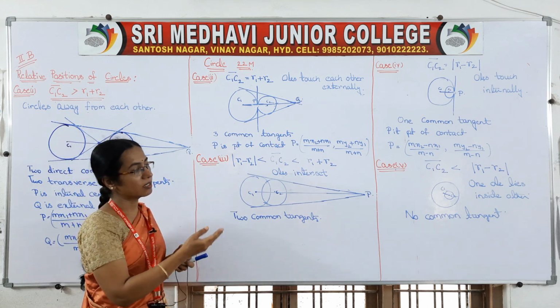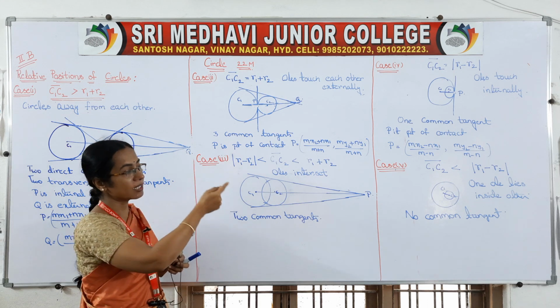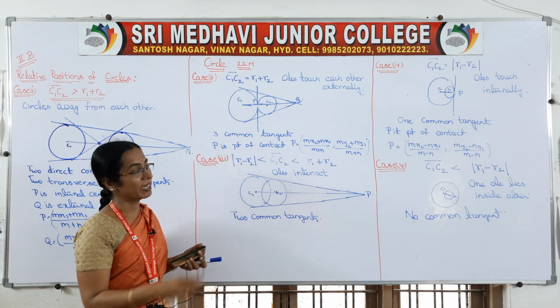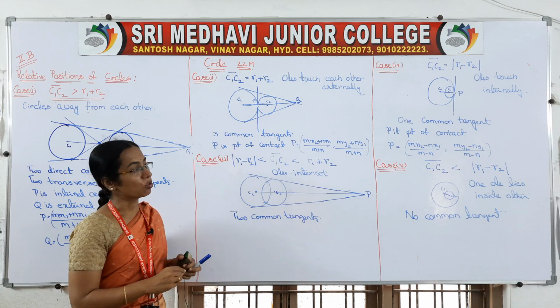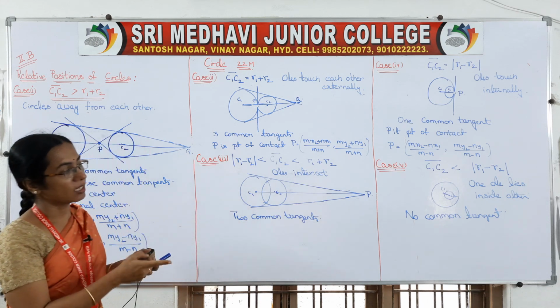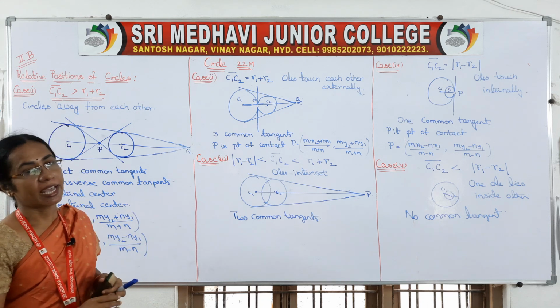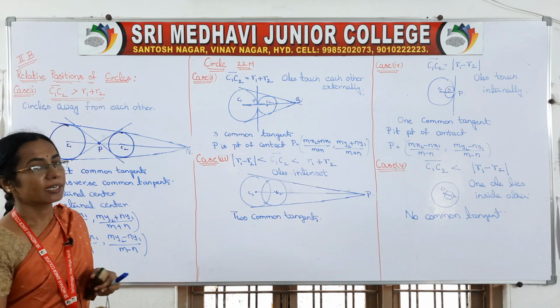A common tangent means it must touch the first circle at one point and the second circle also at one point. There is no possibility to draw a tangent to those two circles, so no common tangents.